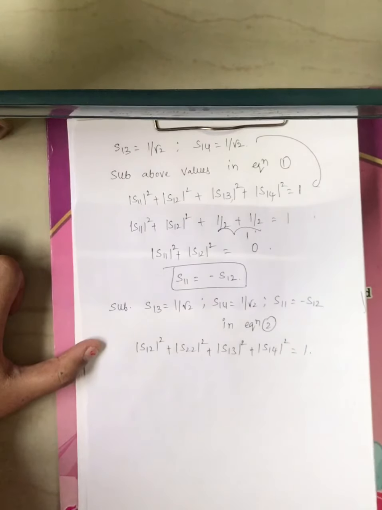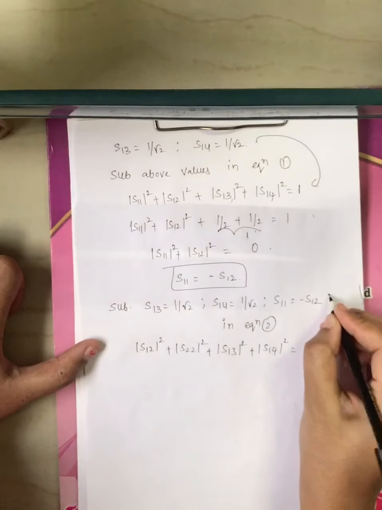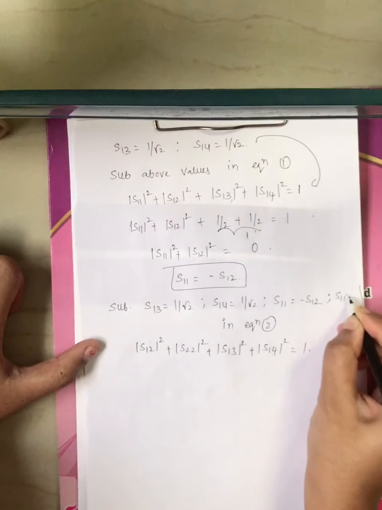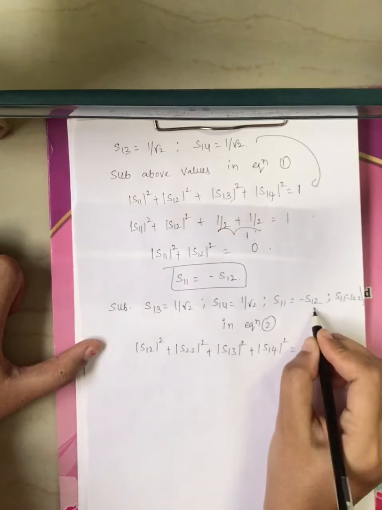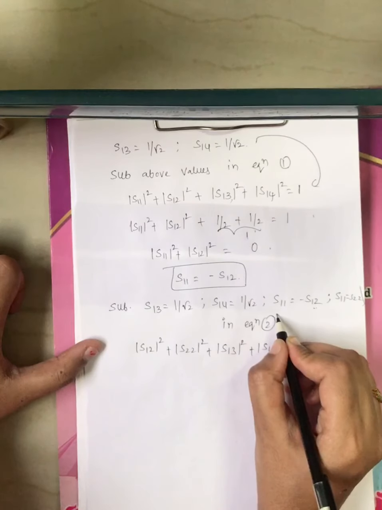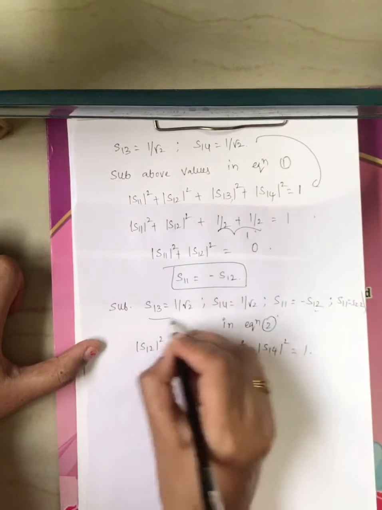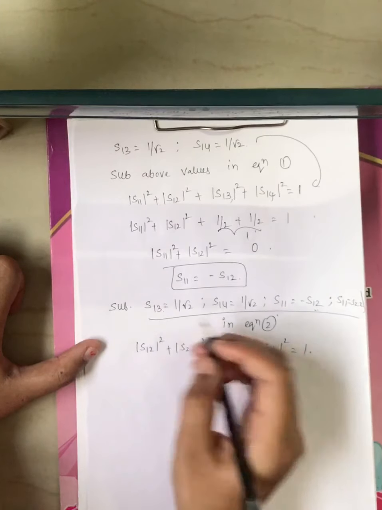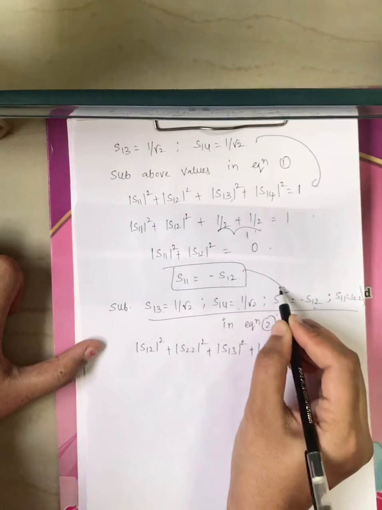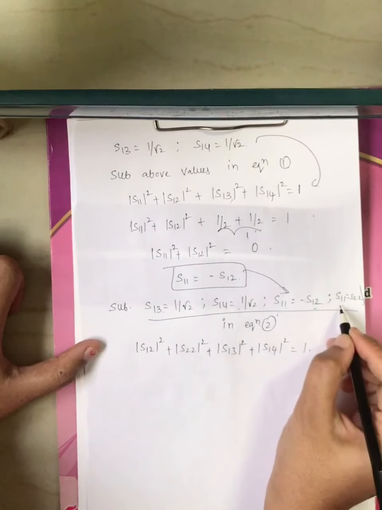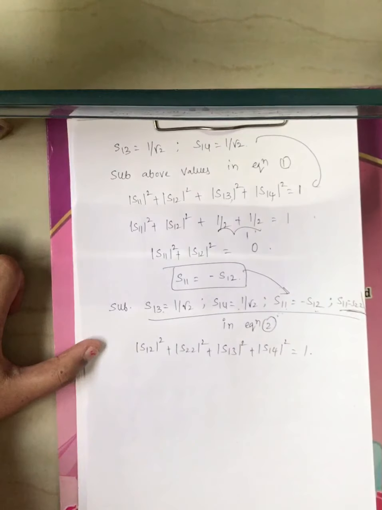We have S11 equals S22, and S12 equals minus S11, with S13 is 1 by root 2 and S14 is 1 by root 2.